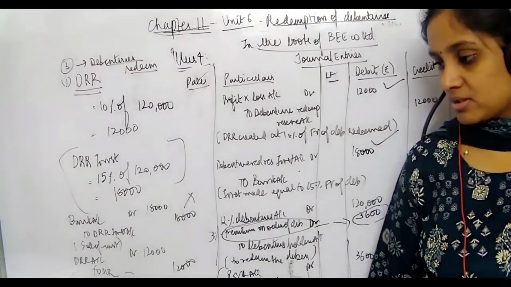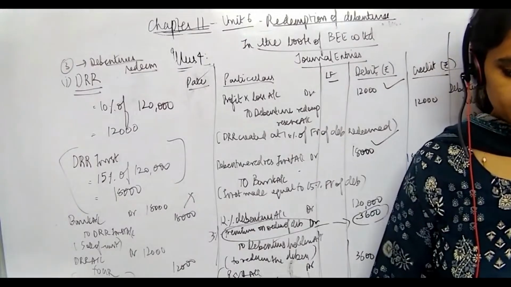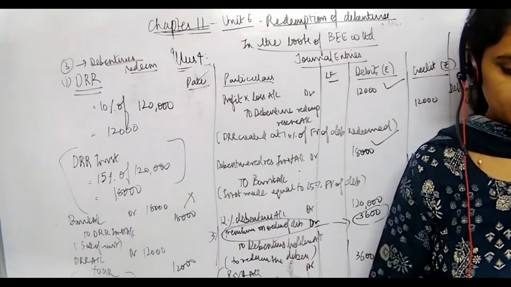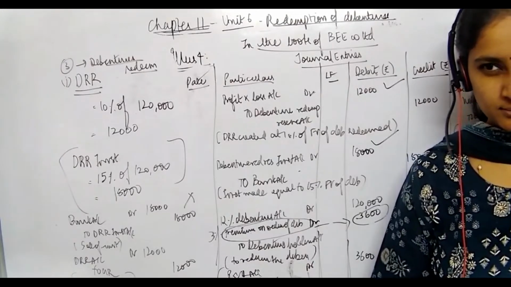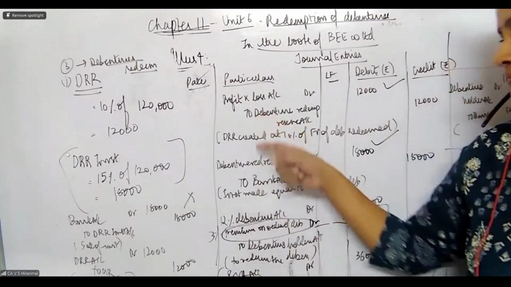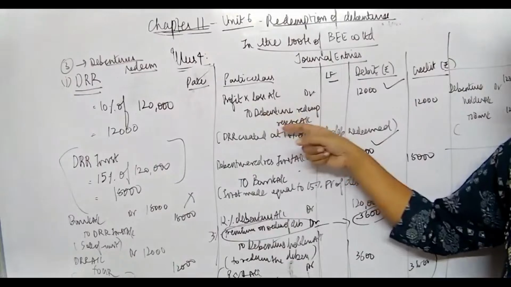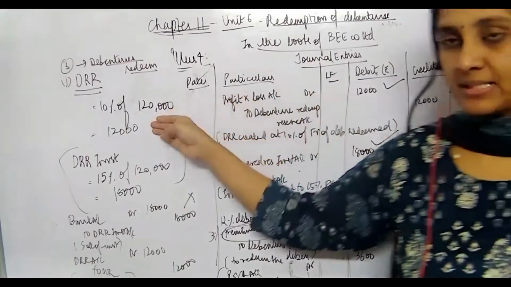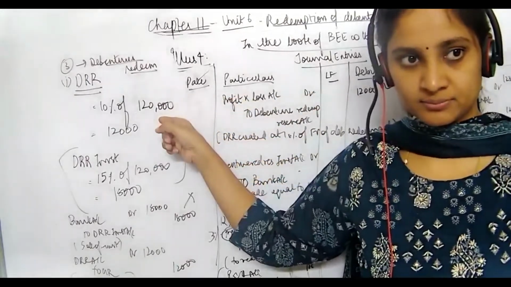Gauri, please tell me what's your doubt? Ma'am, the DRR entry, ma'am. Creation of DRR, ma'am. They give 10%? Yeah, 10%. Now, what is your doubt?